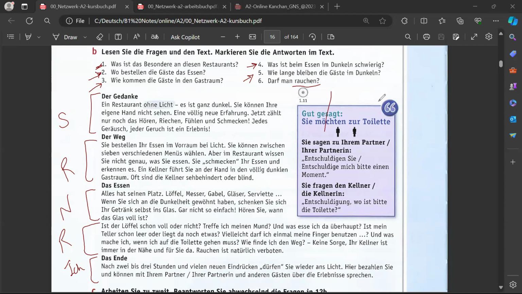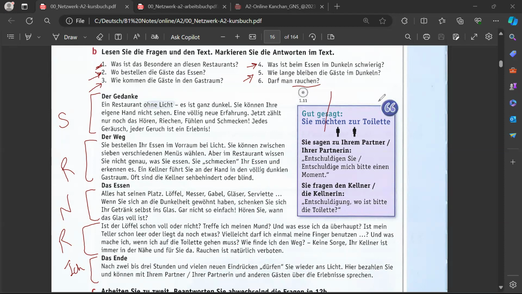Ein Kellner führt Sie an der Hand in den wohlig dunklen Gastraum. A waiter leads you by hand into the completely dark dining room.